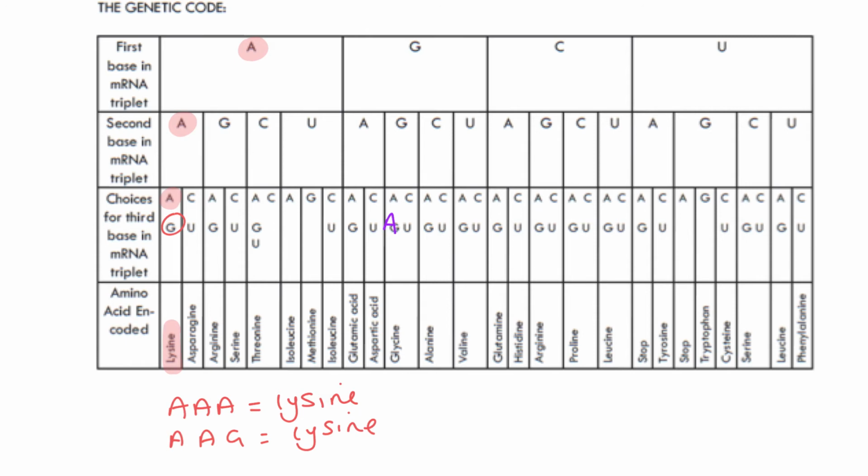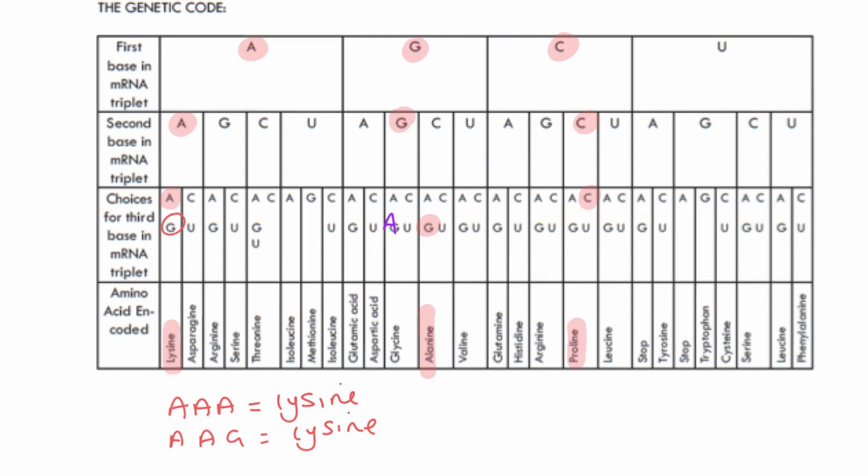If the first base was G, the second base was G, and the third base was G, we'd get alanine. But also if the first base was G, second base was G, and third base was A, or C, or U, or G, still alanine. So you can work out which amino acid it is just using this table. If we had C, C, C, we'd have proline.